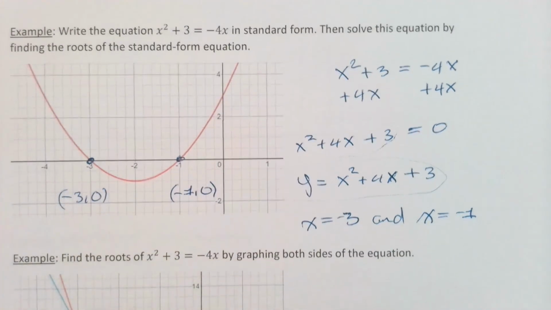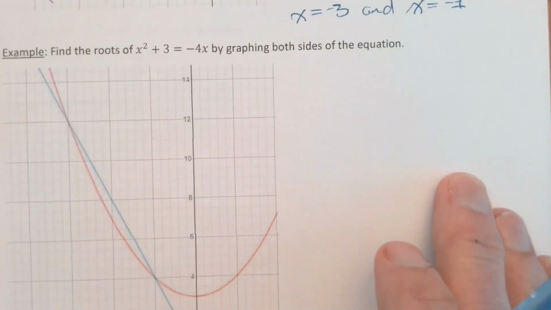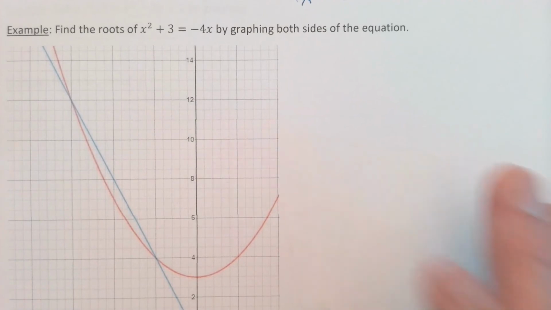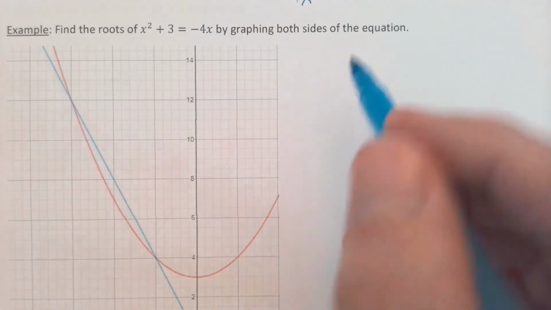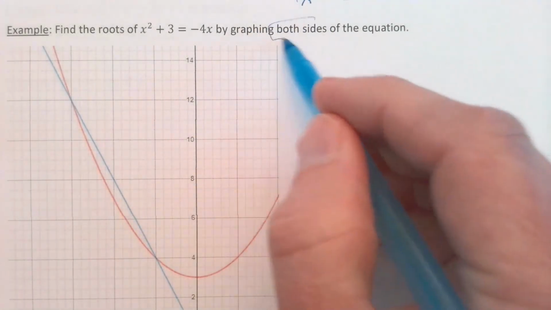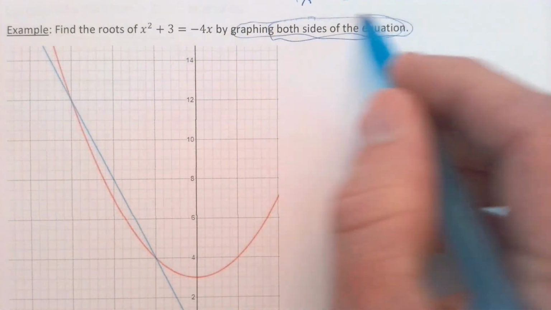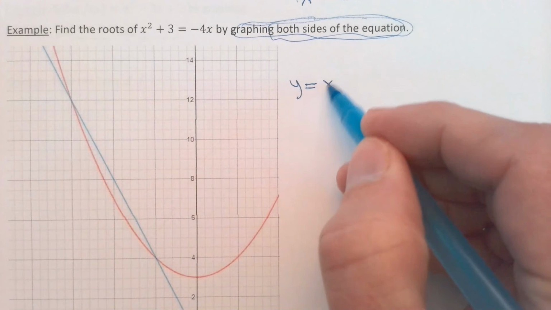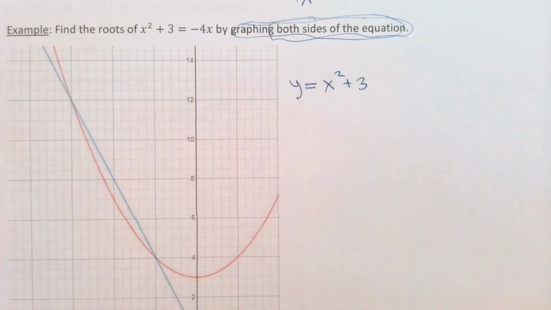Now here's a completely different approach. You could probably get by in life without knowing this, but it's kind of fun. The idea is graph both sides of the equation. What does that mean? Well, it means going to Desmos and graphing y equals x squared plus 3 on the one hand. And that is the red parabola that you see over here.